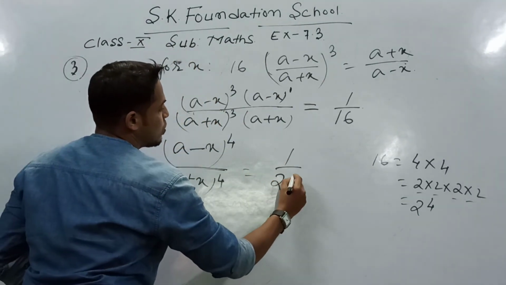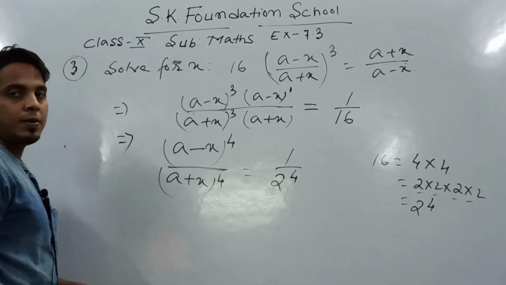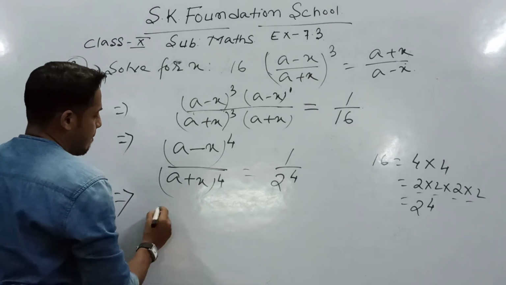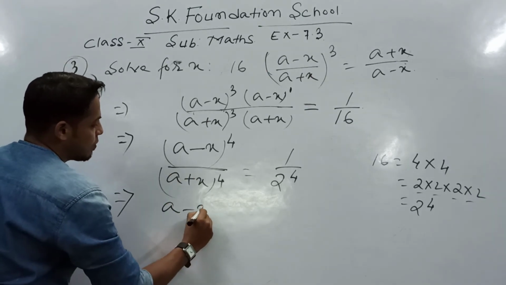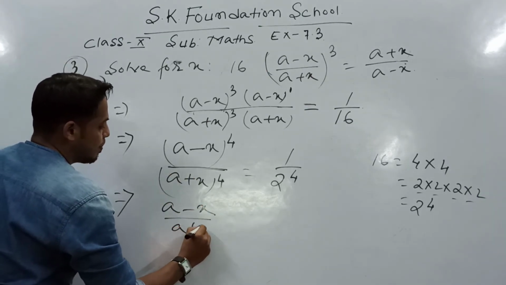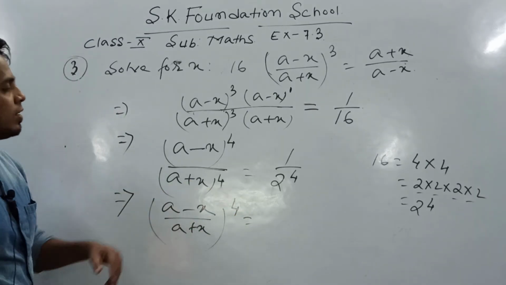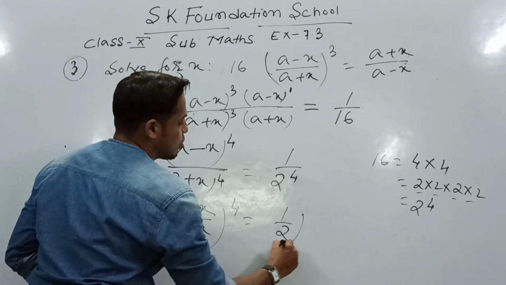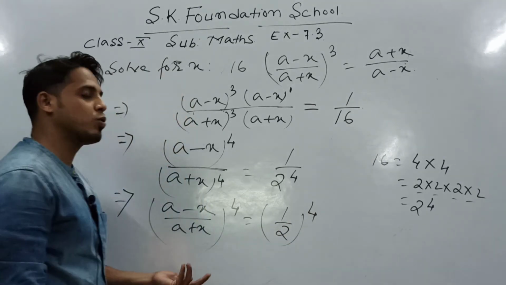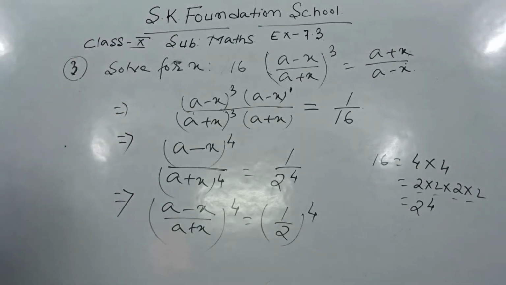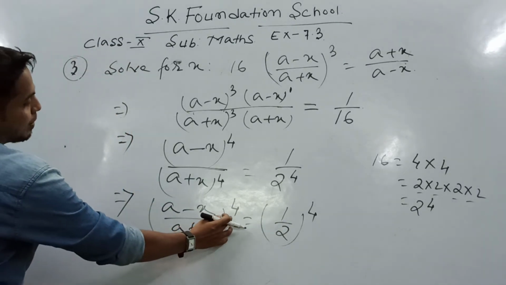So we represent this expression this way: a minus x by a plus x whole to the power 4, and this one 1 by 2 whole to the power 4, because we already know that 1 to the power 4 means 1. Okay, so both sides have the same power.